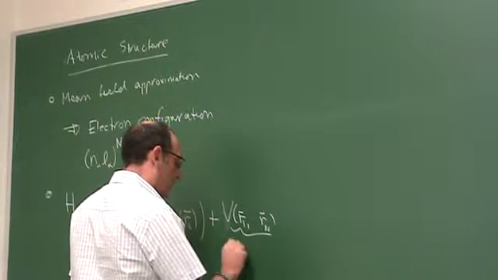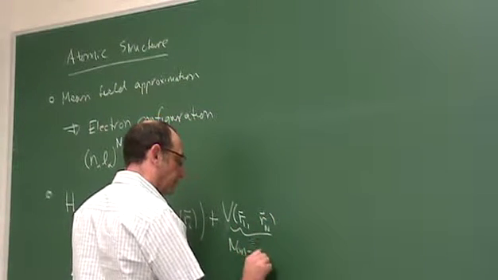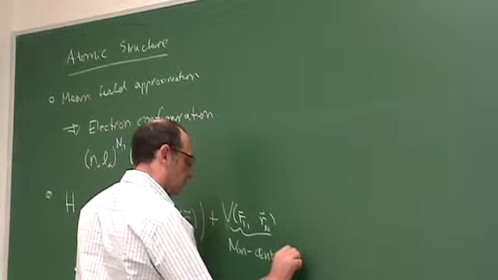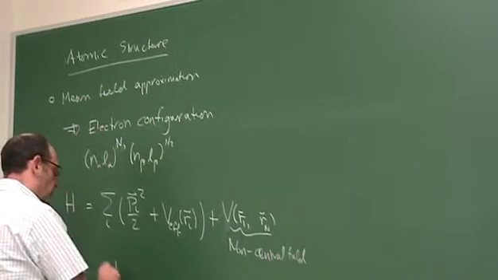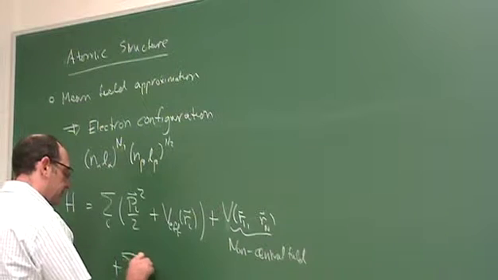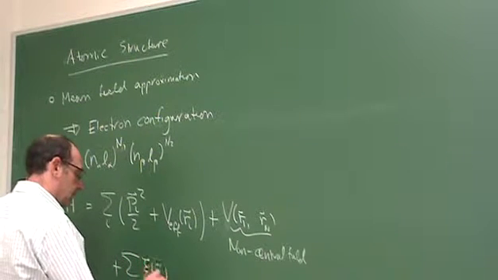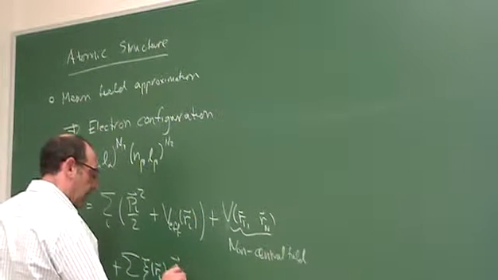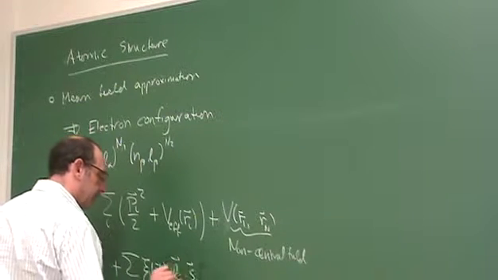And this was our non-central field correction. And then, of course, we have things like spin-orbit coupling, and if we wanted other relativistic corrections.